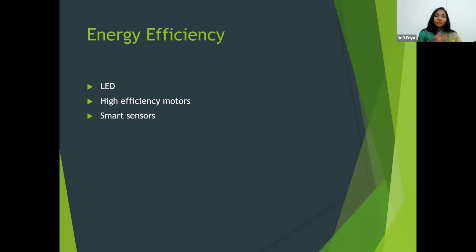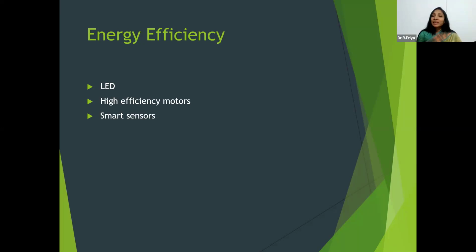Then smart sensors continuously monitor the temperature, pressure, machine load, even vibration and power consumption. So they help the machines operate only when needed and at optimal levels.